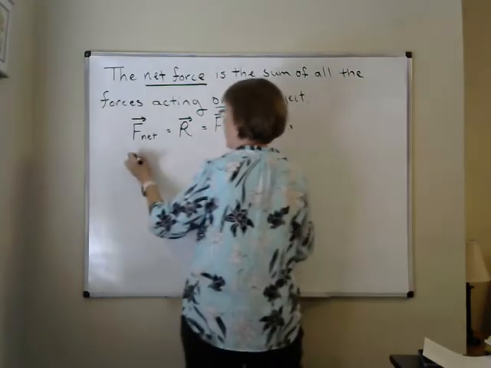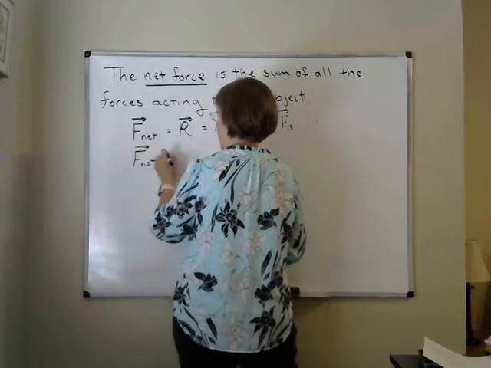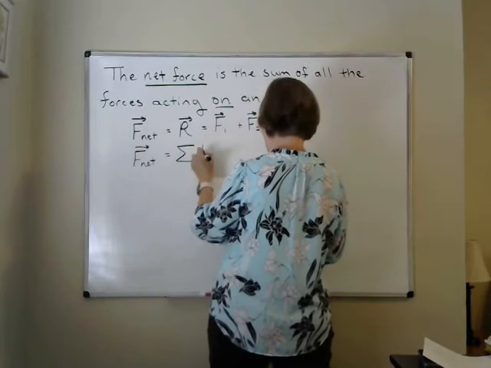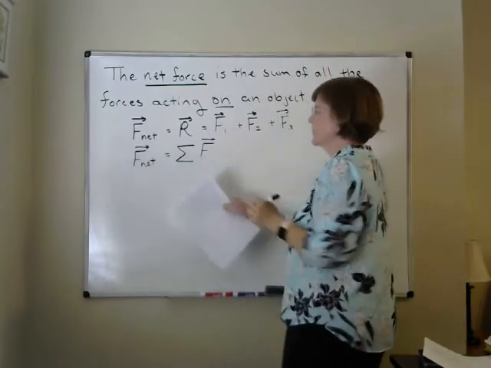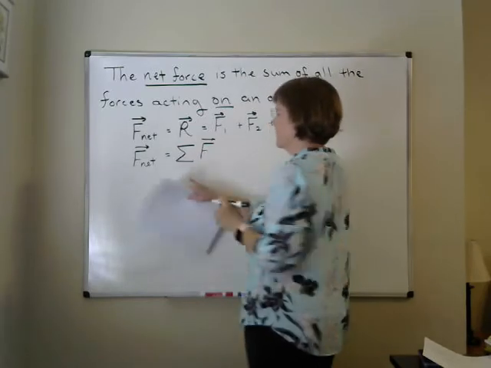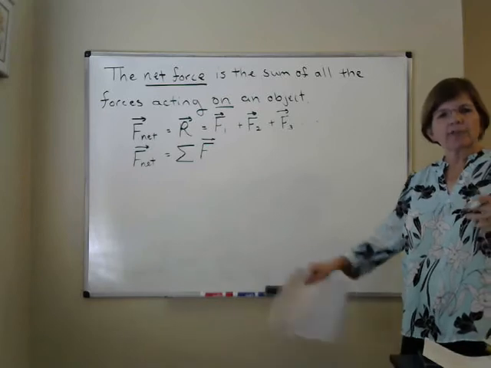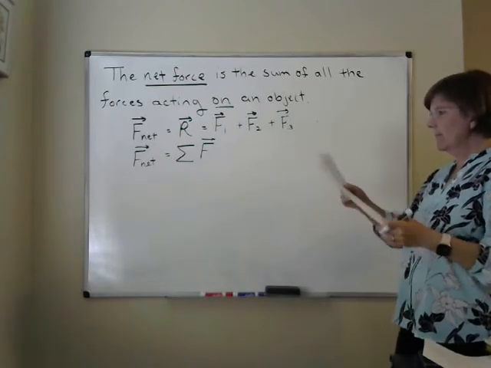We often write it like this. The net force is equal to the sum of all the forces. If you're not familiar with that summation sign, that just means add up all the forces. It means exactly what that meant right up above it.